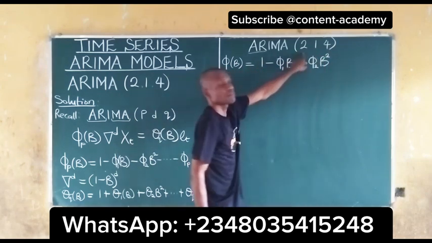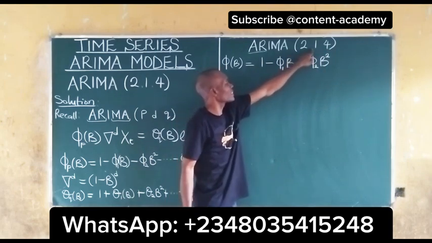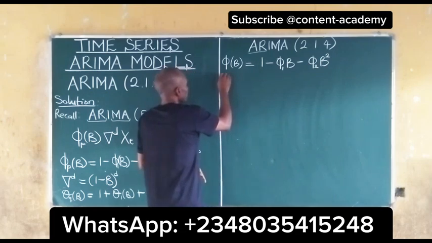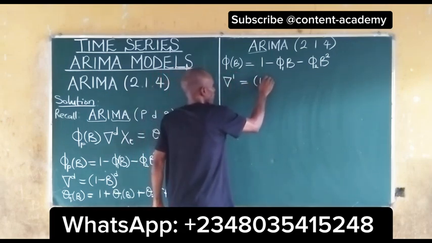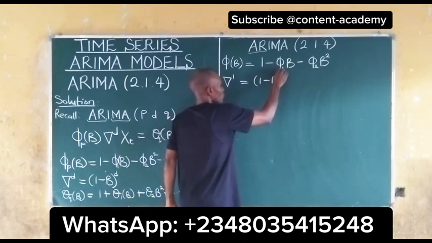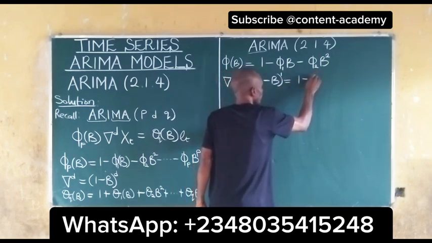This is what we have, because it's of order 2, so we have to stop here. Now, our differencing is 1. So we have 1 minus B raised to the power of 1, which is the same thing as 1 minus B.